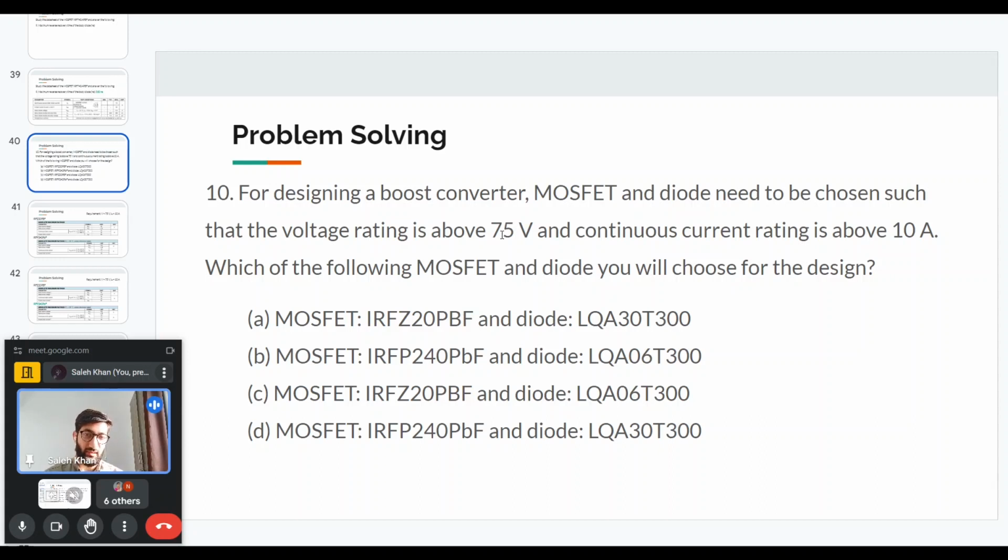So basically here it is saying that the voltage rating should be above 75 volt. So we can probably assume that the output voltage is around 50 volts. That is why a voltage rating of above 75 volt should be safe. But basically the purpose is that if we have a low voltage device, then it can break down. We will not be able to operate the boost converter at the full voltage. So I hope that is clear.